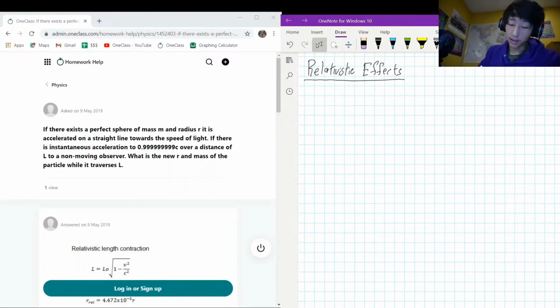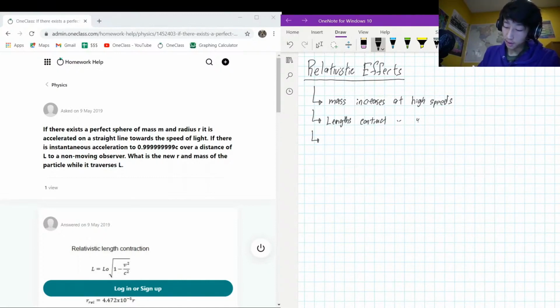Okay, so in relativity, we have mass increases at high speeds, we have lengths contract at high speeds, and time slows at high speeds.